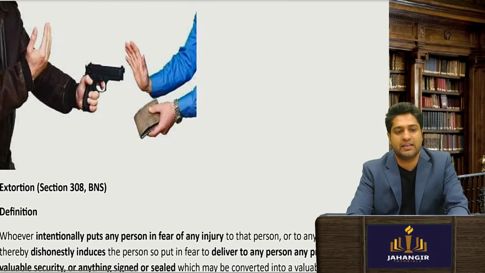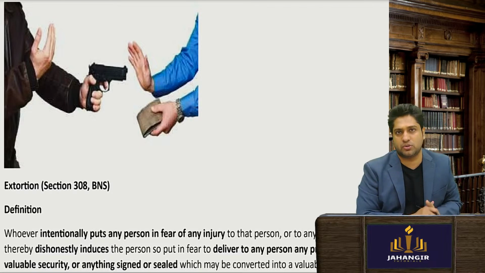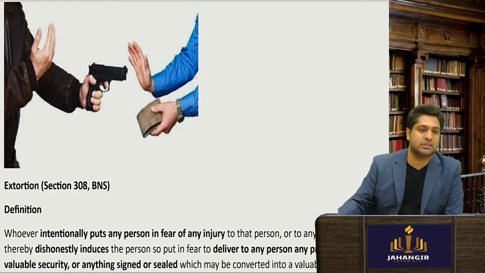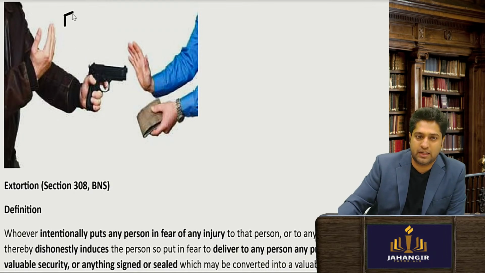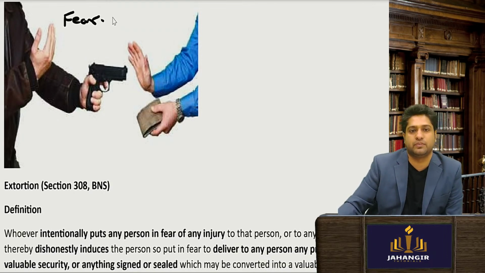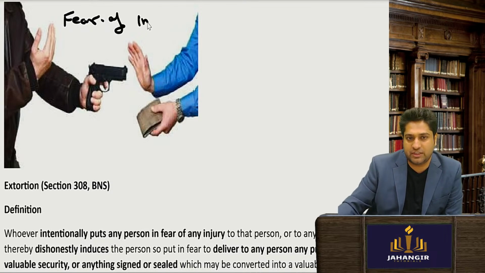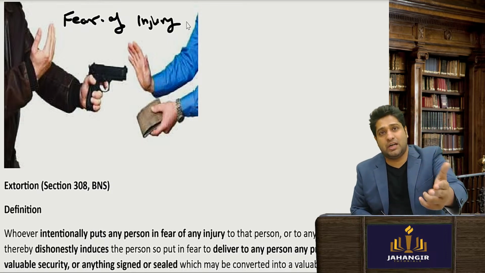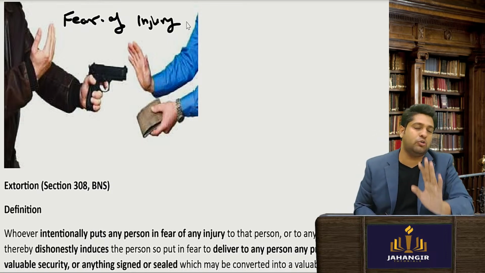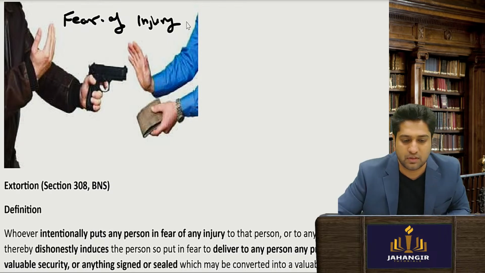Now, a very important offense also. In extortion, what happens? Obviously when someone shows you a gun, there will be fear. Fear of what? Fear of injury. And if someone shows you a gun and tells you to pay 2000 rupees, will you pay, yes or no?